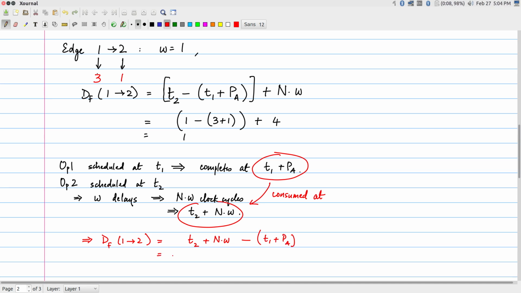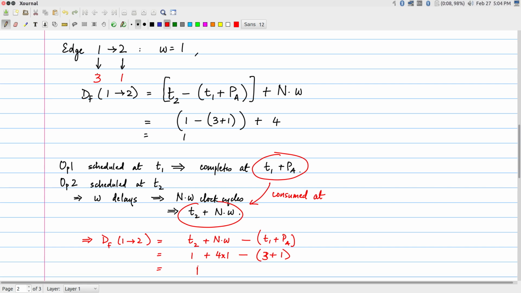Which is what we have over here. The time of T2 was 1. This was 4 into 1 minus 3 plus 1, so it finally becomes equal to 1.